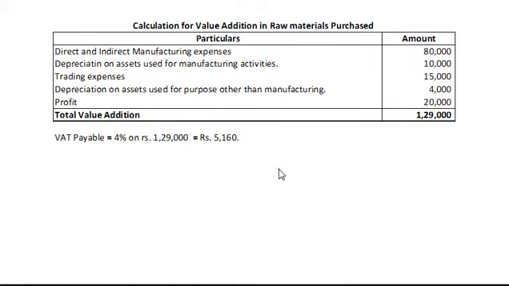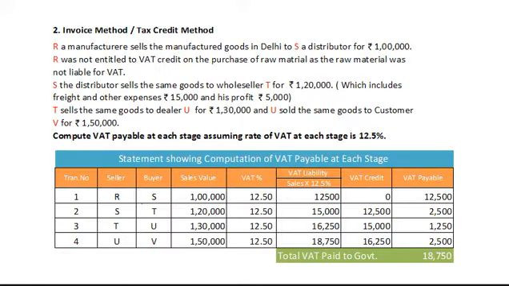So in this particular example, value added came to rupees 1,29,000 and VAT payable at 4% on value addition rupees 1,29,000 amounts to rupees 5,160. That's all.